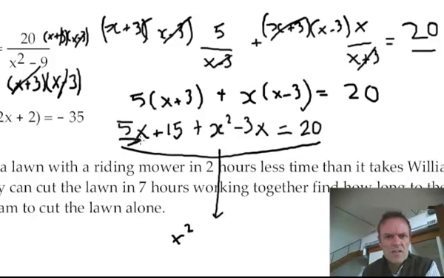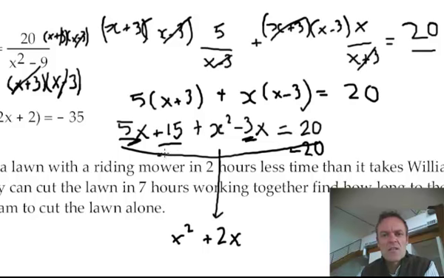What's 5x take away 3x? That's 2x. The 15's okay where it is. I need to take away 20 from both sides. Remember, I'm putting everything onto the left-hand side. If I take away 20 from 15, I'm left with negative 5. So that equals 0.